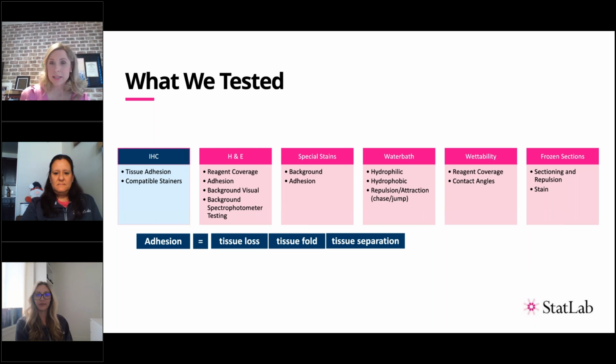We measured contact angles, which we look at to ensure that the adhesive coating is applied evenly across the slide, but also to see how that impacts the water bath and how it picks up. So we looked at a lot of different things. Where we found the biggest differences is in IHC tissue adhesion, and I'm going to go into a little more depth here because this is really where we're seeing the biggest differences. Next slide.